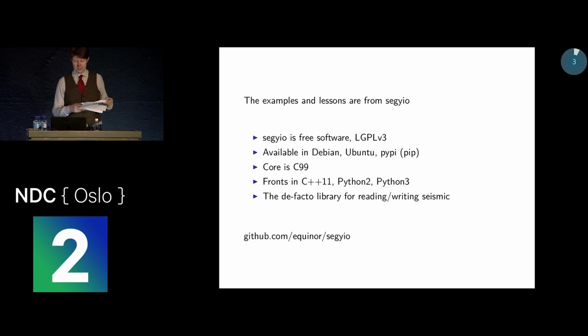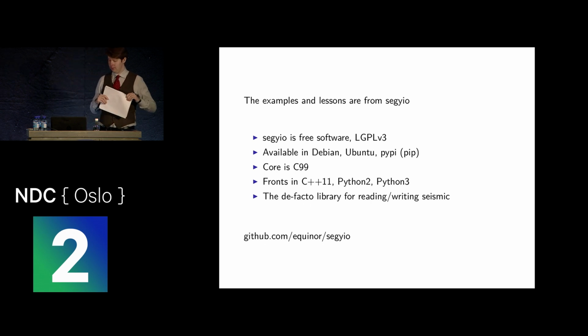So all these examples are from segyio. As I mentioned, it's free software under the LGPL 3 license. It's distributed now in Debian and Ubuntu, of the big distributions, but also mainly on PyPI, where most of our users come from. It runs on a C99 core, which I deeply regret was not written in C++ with a C89 interface. It's written in C99, and for the next time, we've sort of fixed that by writing it in C++.